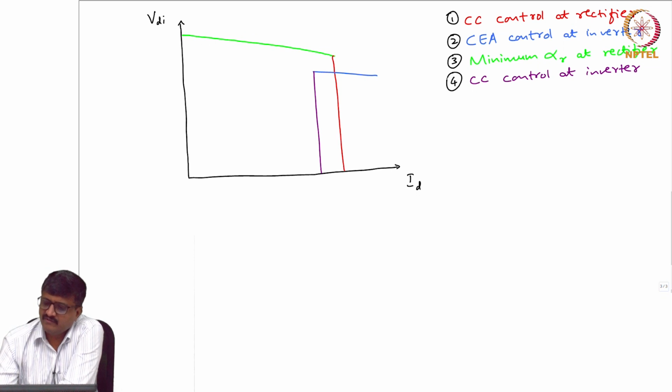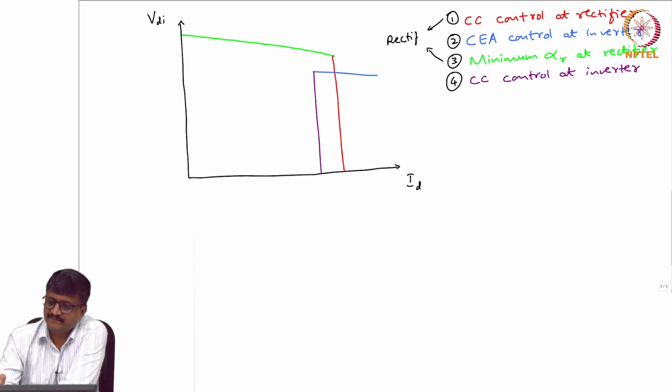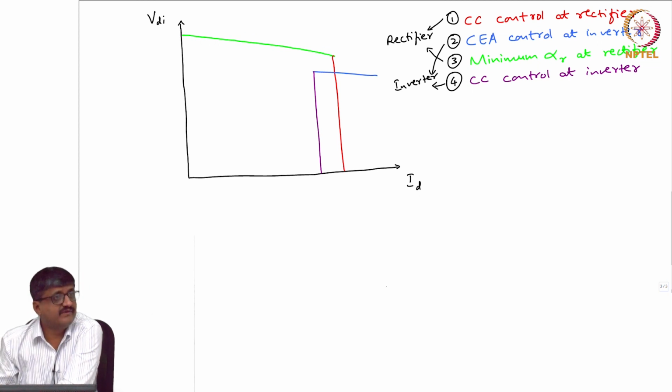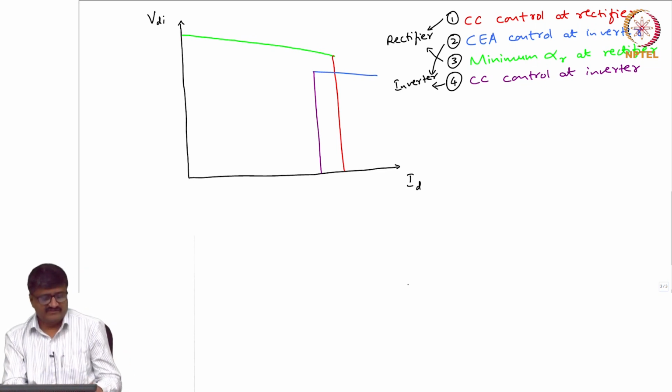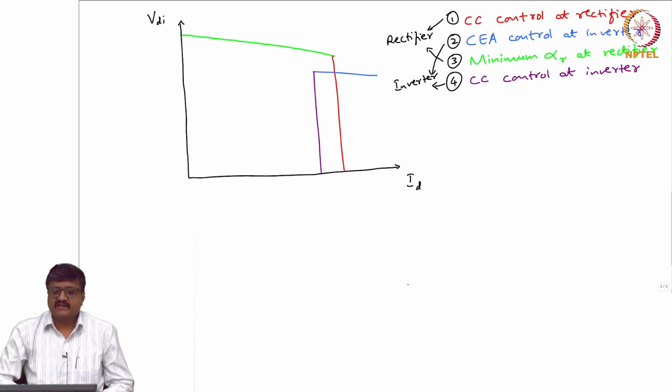Among these 4, 1 and 3 are for the rectifier, whereas 2 and 4 are for the inverter. Now, when the system is operating normally, the intersection of the blue line and the red line gives the point of operation.